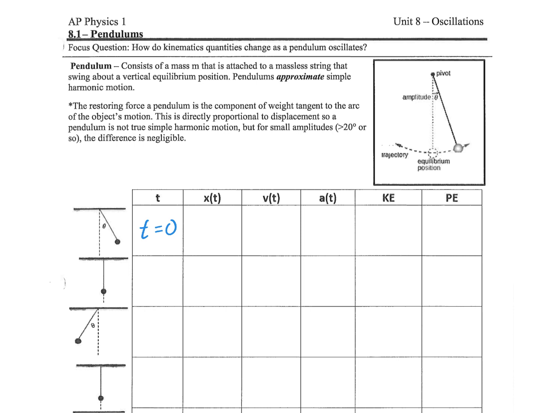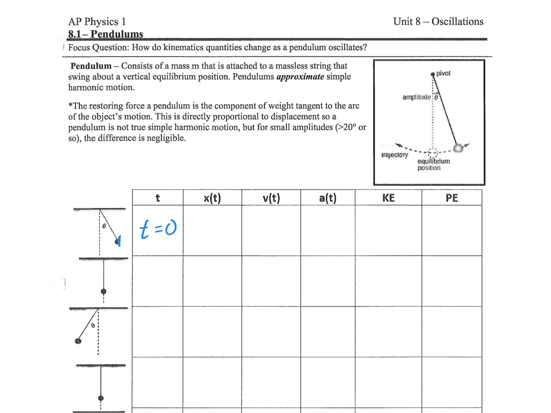At time t equals 0, we've pulled it back and this is where it's sitting. We are going to let it go, right? Which way is it going to be moving? So let's talk about this.